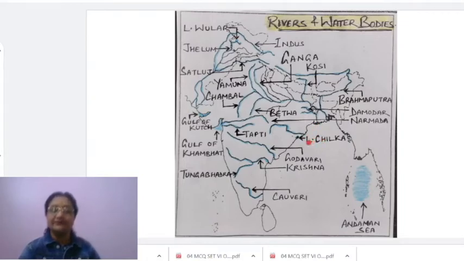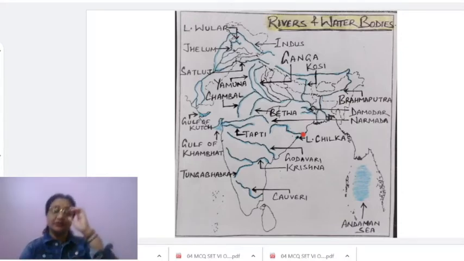It's not possible. So that's why you have to show this lake within the landmass of India. Otherwise, whenever you mark this side, you are going to get your marks cut. So you should be very careful regarding this. Okay? So this is number 2.